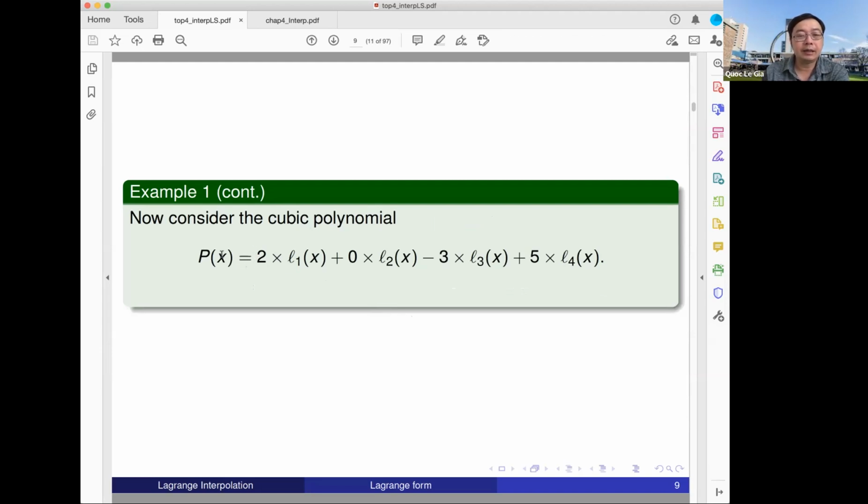If I take L1 multiplied by 2, plus 0 multiplied by L2, minus 3 multiplied by L3, and 5 multiplied by L4, then I will have a cubic polynomial that interpolates the data. So where do I get the numbers 2, 0, minus 3, and 5 from?